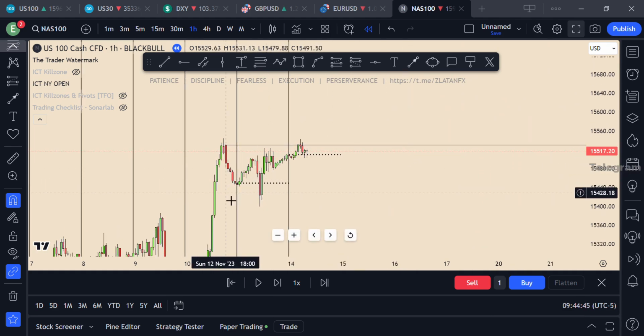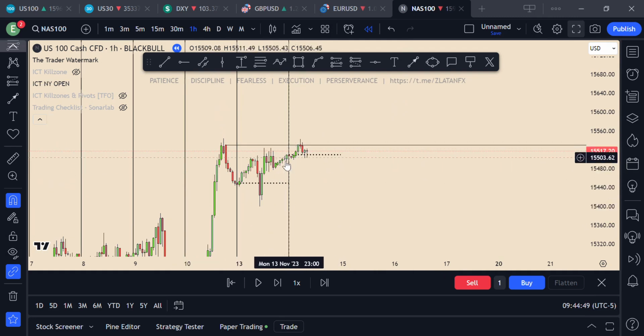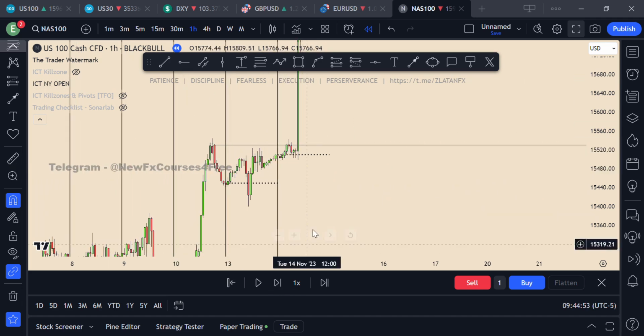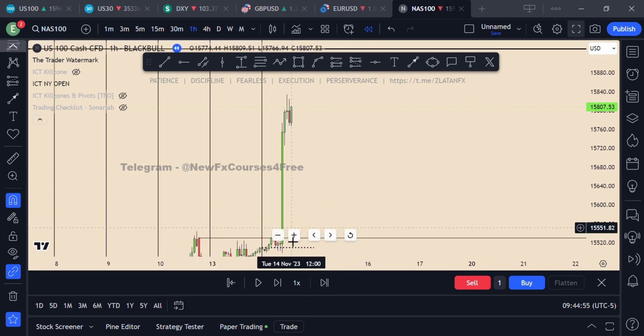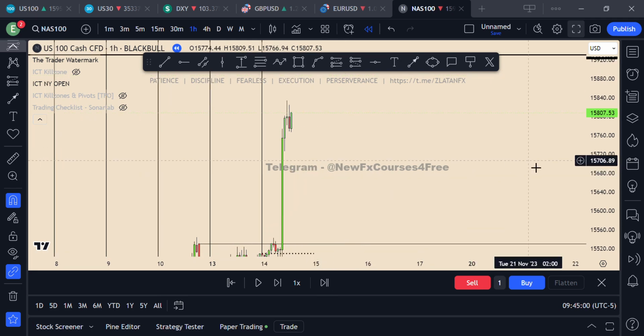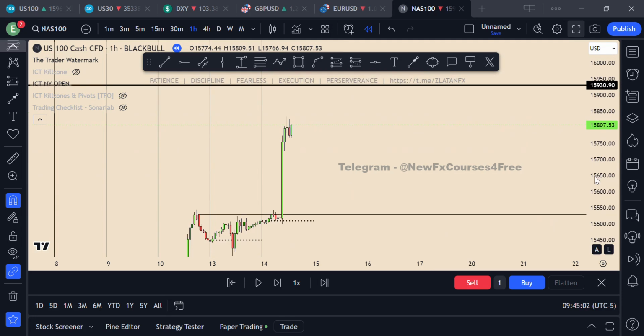And you could see we dug into this fair value gap, expanded a little bit, consolidation, and boom. I think this was CPI, I think so. And let's see what happens when we take out this high.